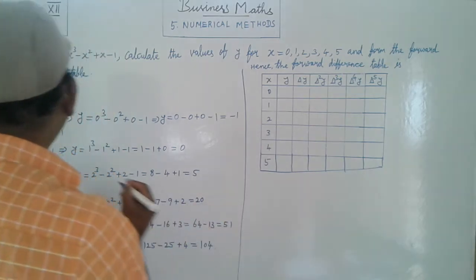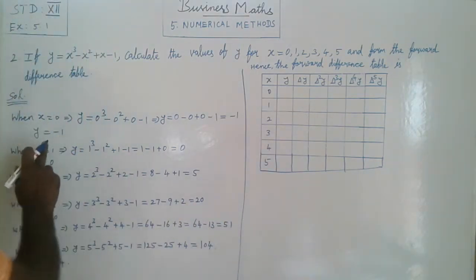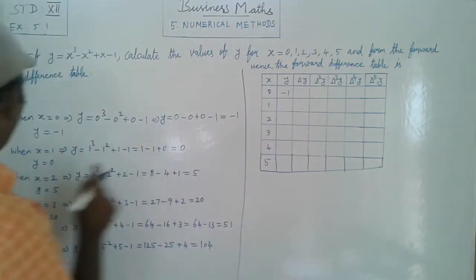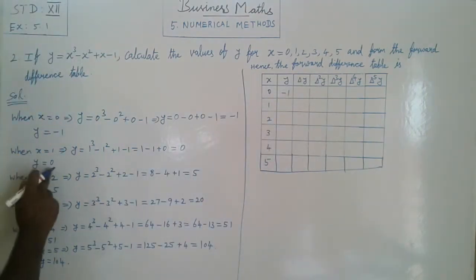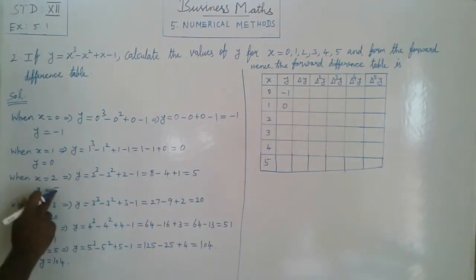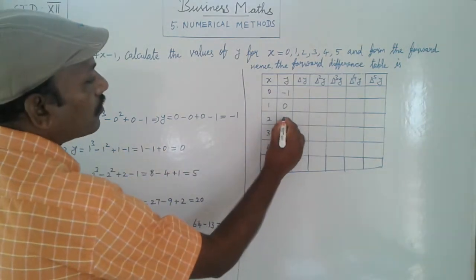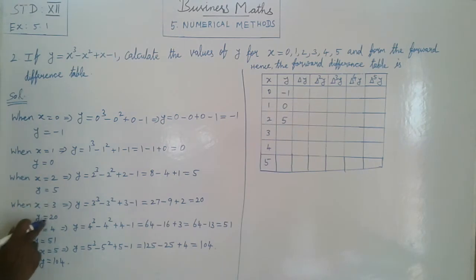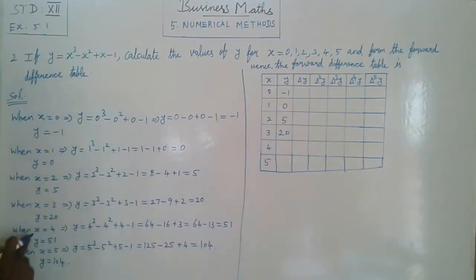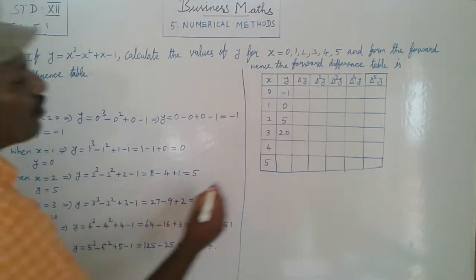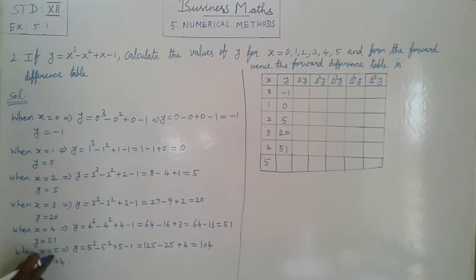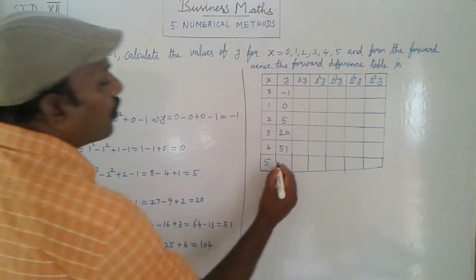Next, x equal to 0, then y is minus 1. x equal to 1, then y is 0. x equal to 2, then y is 5. x equal to 3, then y is 20. x equal to 4, then y is 51. x equal to 5, then y equal to 104.